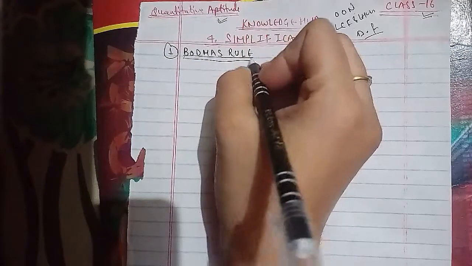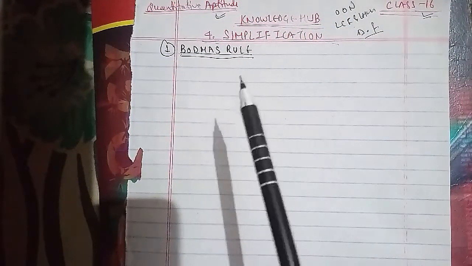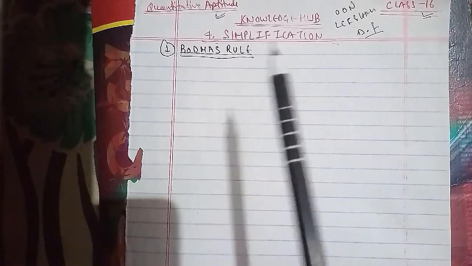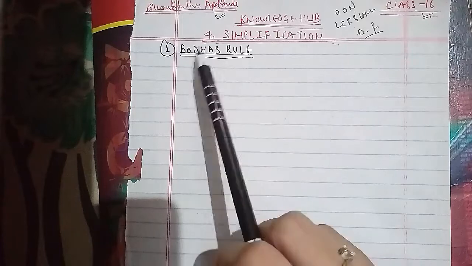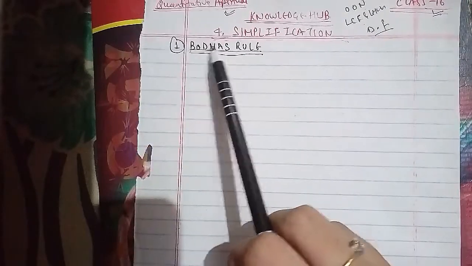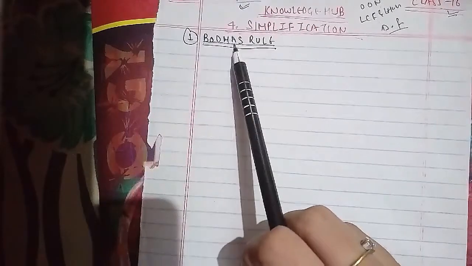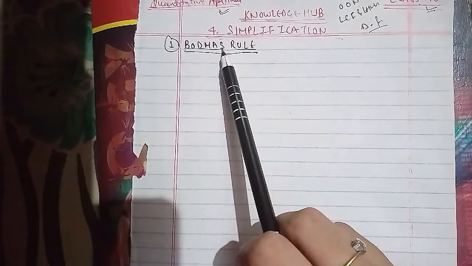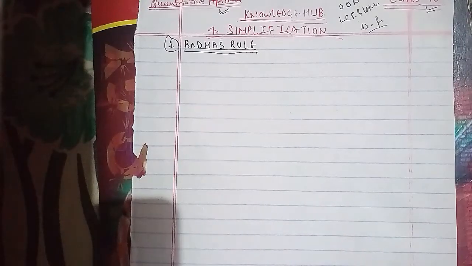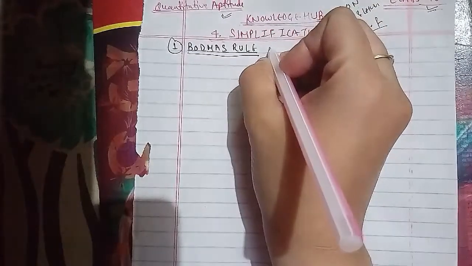In the BODMAS rule, this rule depicts the correct sequence in which the operations are to be executed so as to find out the value of a given expression. Here, B stands for bracket, O stands for of, D stands for division, M stands for multiplication, A stands for addition, and S stands for subtraction. I will just write it down for you as well, so that if anyone does not belong to a math group, you can understand it.